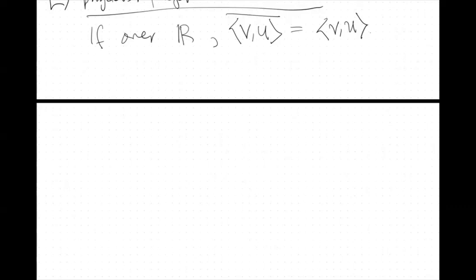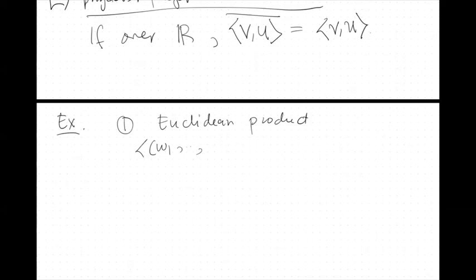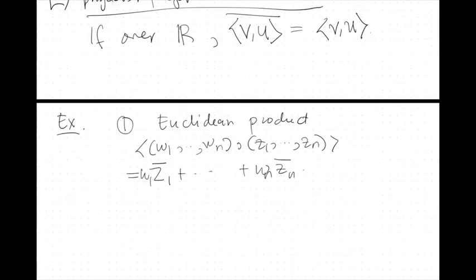Let us consider some examples of inner products. The Euclidean product. I have given this before. You have W1 to Wn, this is ordered, with respect to the vector Z1 to Zn. This is just equal to W1 Z1 bar plus up to Wn Zn bar.